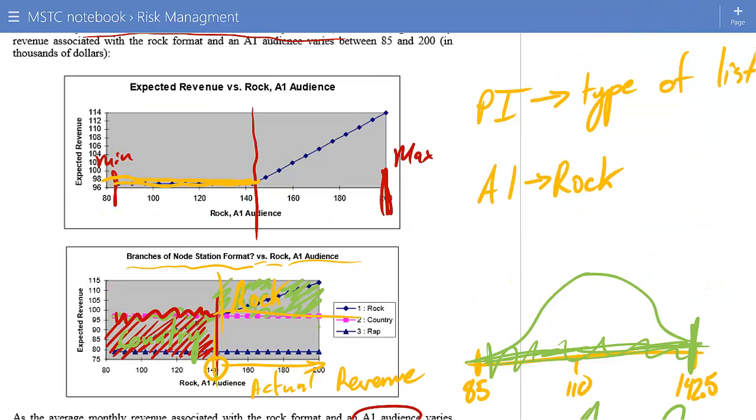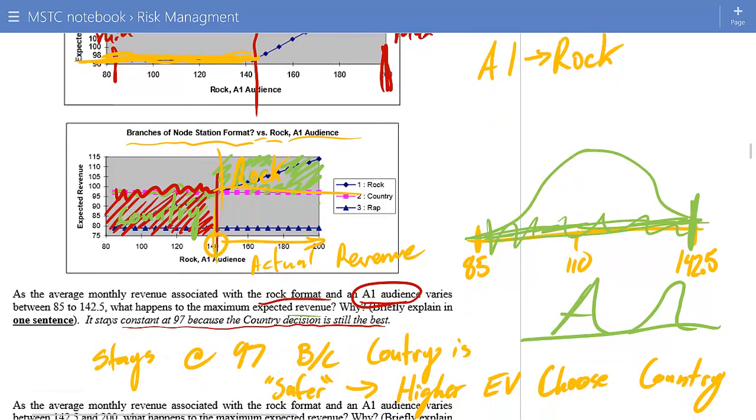Your max profitability is still going to be that 97 right there, because you're still going to serve the country market. You're going to make more consistent revenue that way than by going rock. He'll probably give these to us, but the point is that you need to know what this graph looks like and what it means.